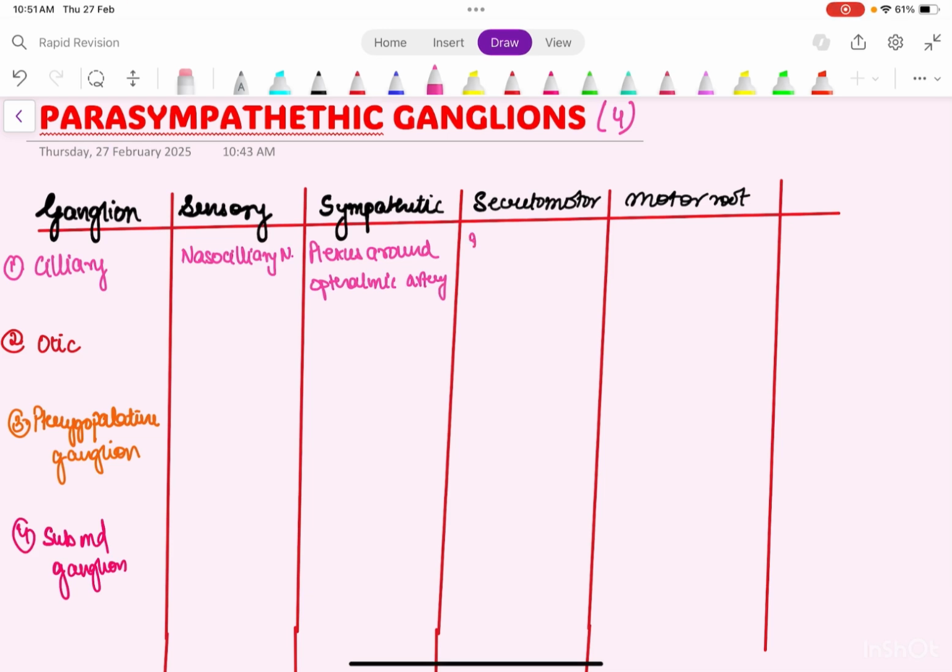All right, and secretomotor, you just leave it, and in motor you remember that there is an Edinger-Westphal nucleus. Also, it supplies the ciliaris and sphincter pupillae muscle, and here they go around to supply the inferior oblique.